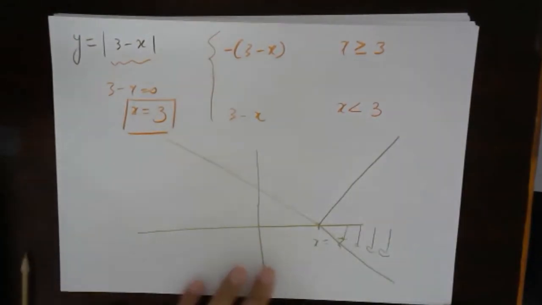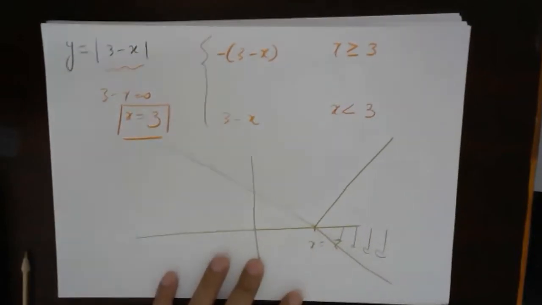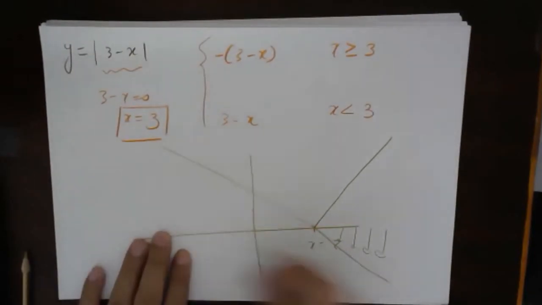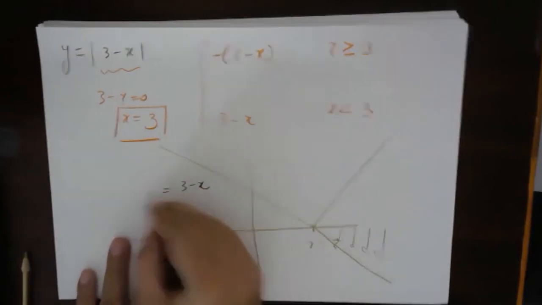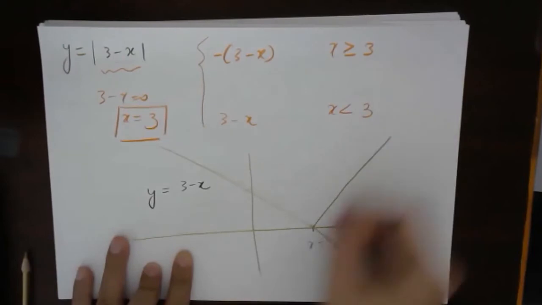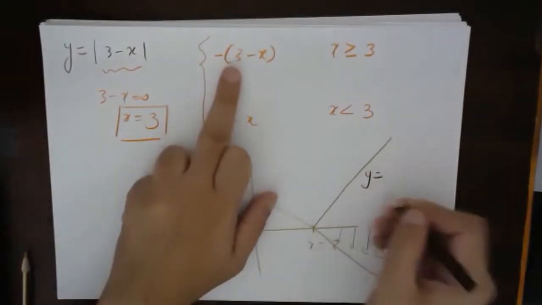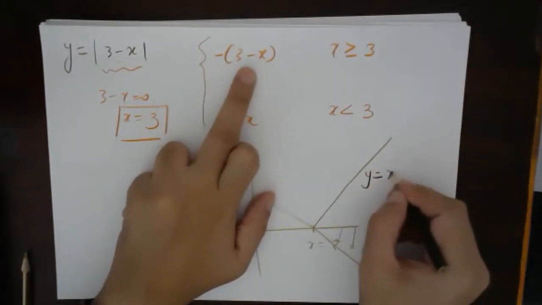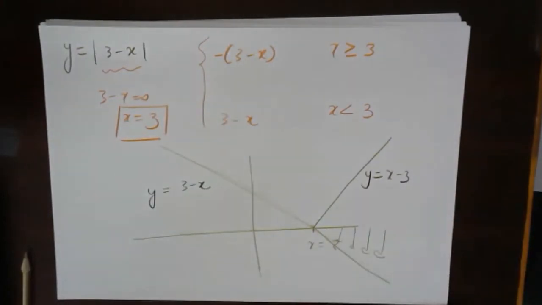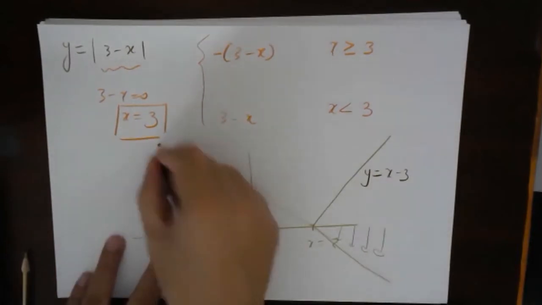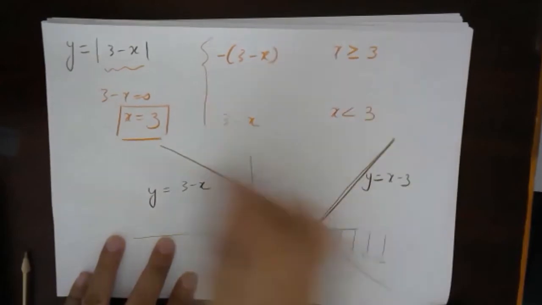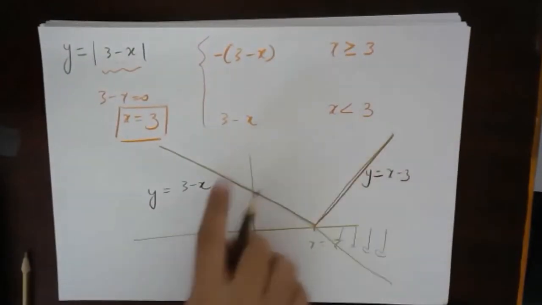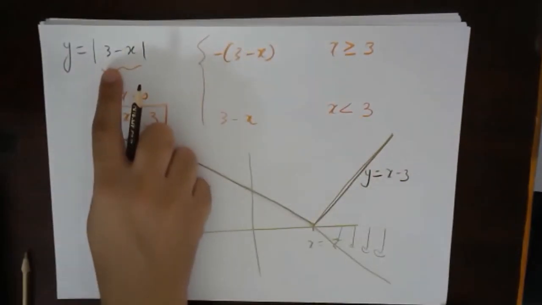If I name the two, for x less than 3 it was y equals 3 minus x, and this part is y equals minus of that, which is x minus 3. Everybody understood? So this one and this one combined will be the curve for modulus of 3 minus x.